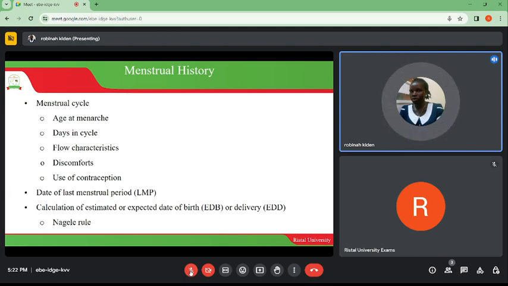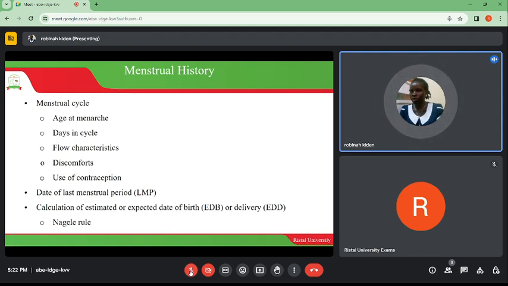Then flow characteristics. Does the blood flow in large quantities? Does it flow with clots? Is it plain blood? Is the quantity much, or is it light, less? All those are established. Then the kind of discomforts when she goes into her periods. Does she have back pain? Does she have other signs and symptoms, or things like headache?